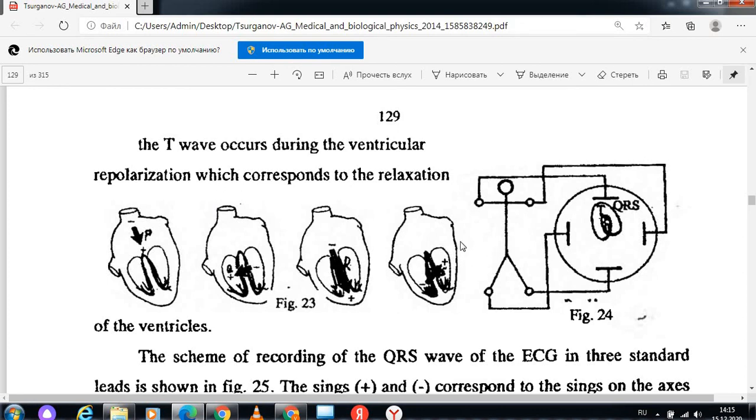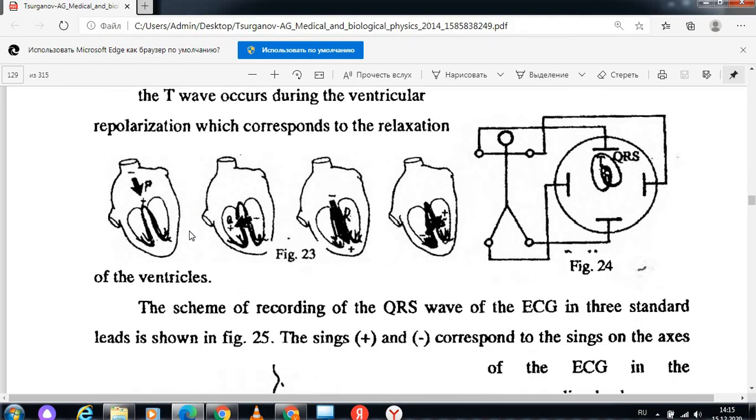Here we have this wave with the QRS symbol, and we have this special type of the heart working, with the P wave, depolarization, repolarization, and these four acts of the heart working system.